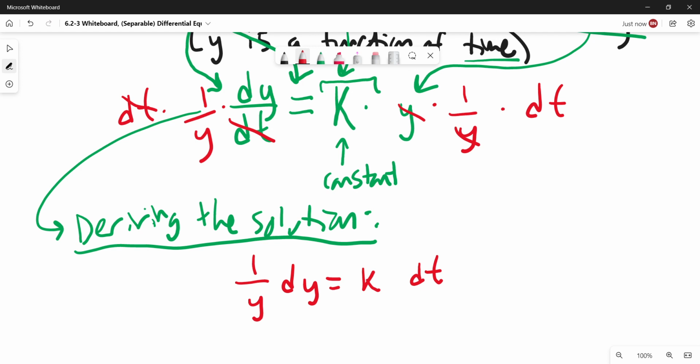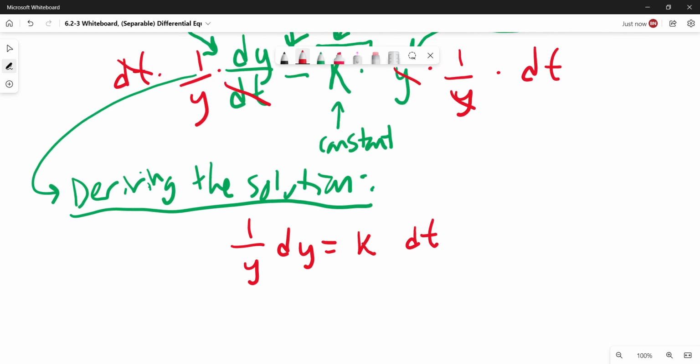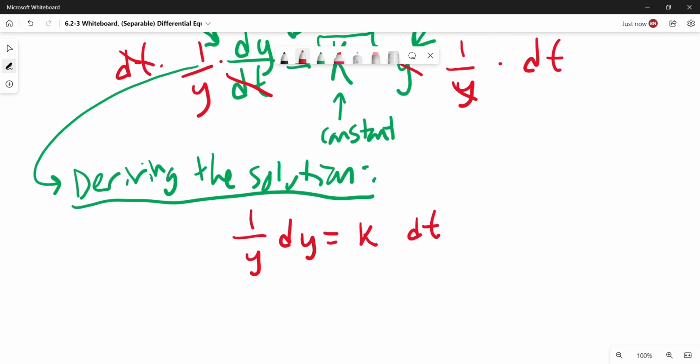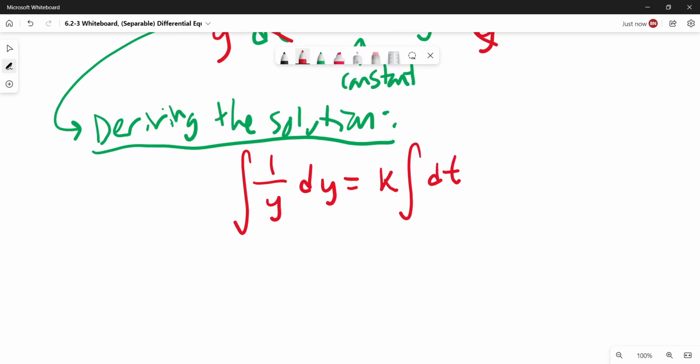Okay, so I separated. k is a constant, it could go anywhere. We try to keep the constants away from the y's to make things easier. Separate the variables, integrate both sides. I'm keeping the constant outside the integral. Be careful: the antiderivative of 1 over y should be ln absolute value of y. Normally it would be plus c, but we're going to add the plus c on the right side.